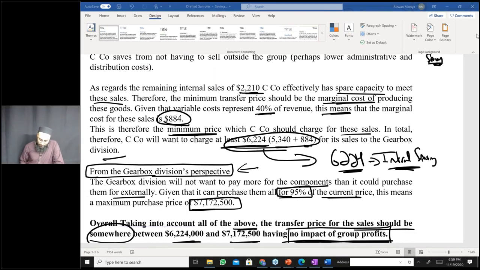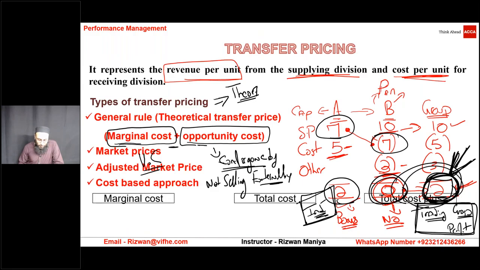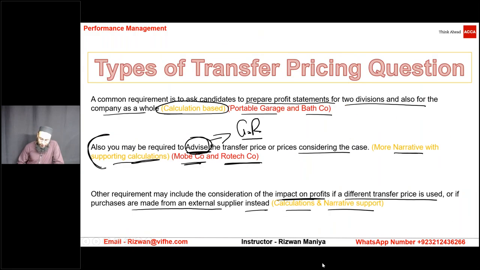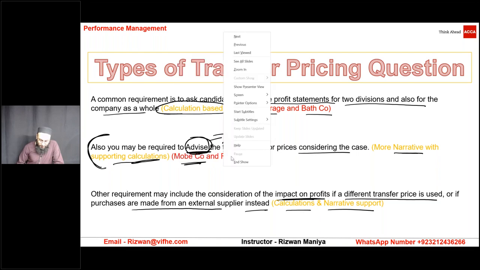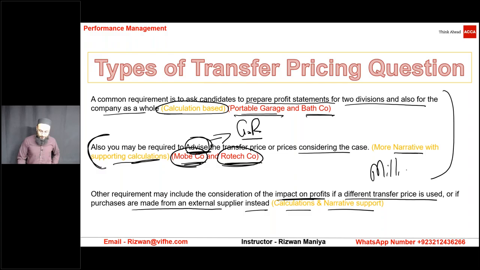Okay, my friends, the $1 million points did the trick for you, and this question, Rotac, was solved in such a way that I hope it will not be problematic for you. Mob company is similar to this, whereas portable garage and bath are other types of questions that require you to do computations, so I'll cover these in my $1 million plan.